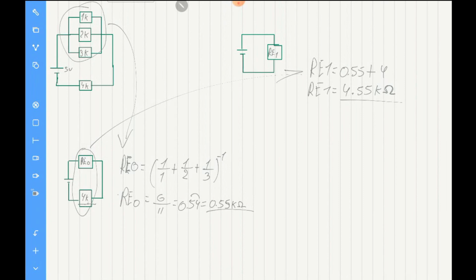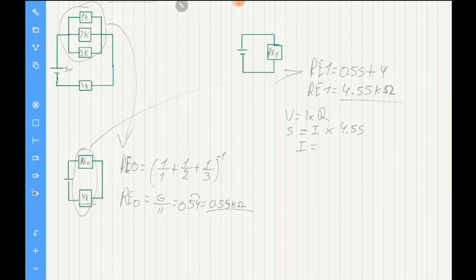Of course, we need to use Ohm's law, V equals I times R. We know the voltage is equal to 5 volts, the current is our unknown, times the resistance, which is equal to 4.55.